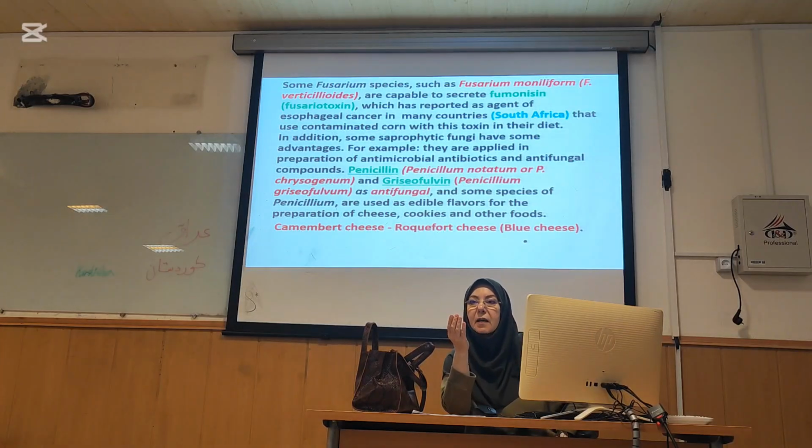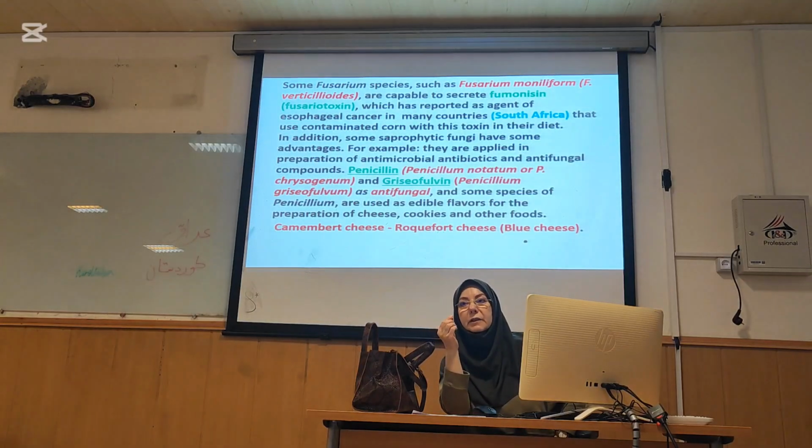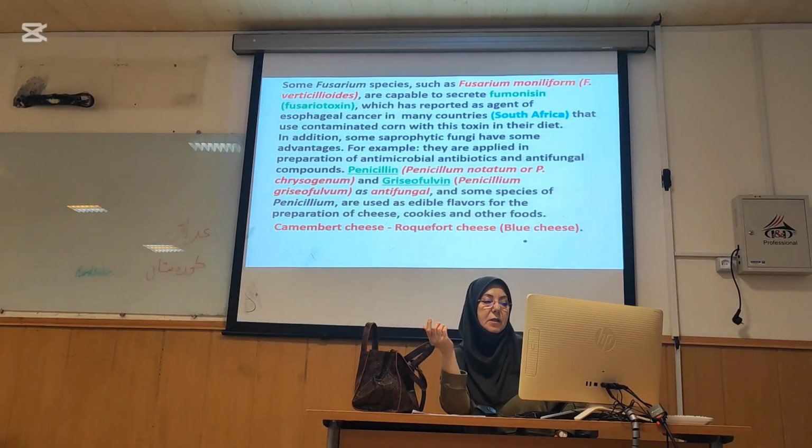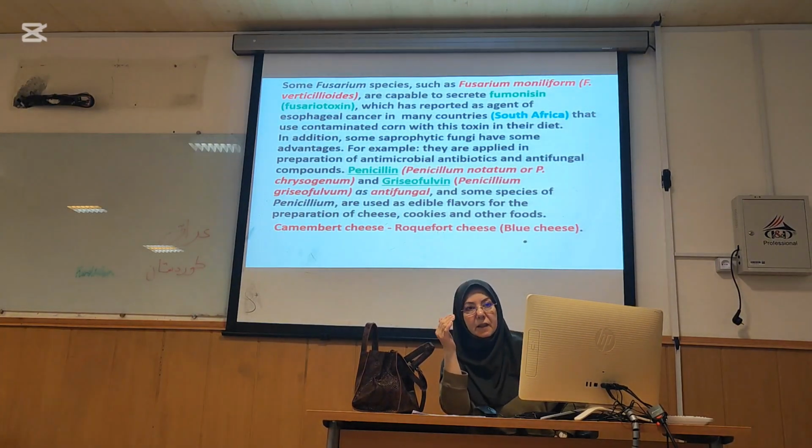Griseofulvin is an antifungal drug, the drug of choice for treatment of dermatophytosis. So some antimicrobial agents, like antibacterial and antifungal agents, can be synthesized from these fungal species, like penicillin.